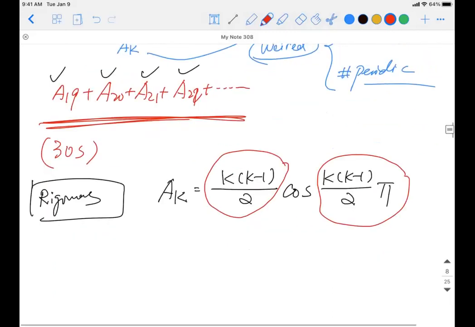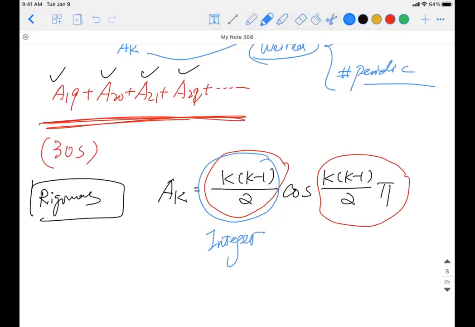A quick observation tells you that K and K minus 1 are two adjacent numbers. Two adjacent numbers, always one is odd, one is even. Is that right? So that being said, this is always going to generate an integer.